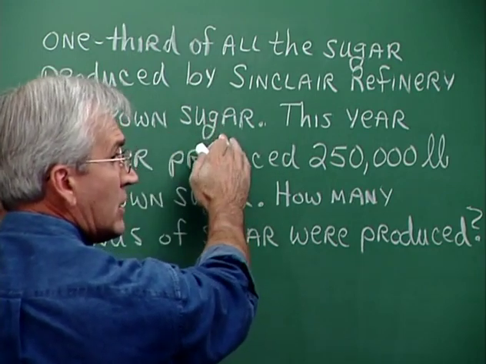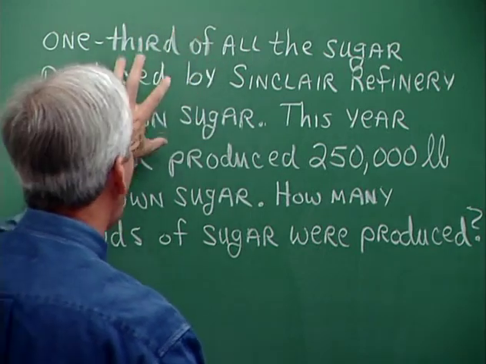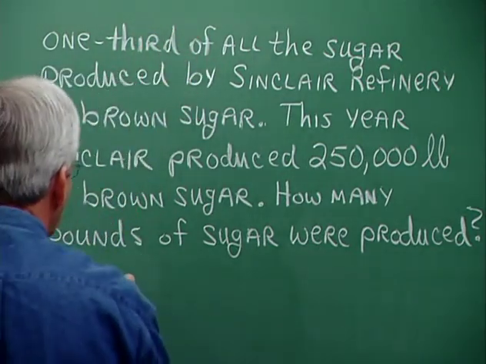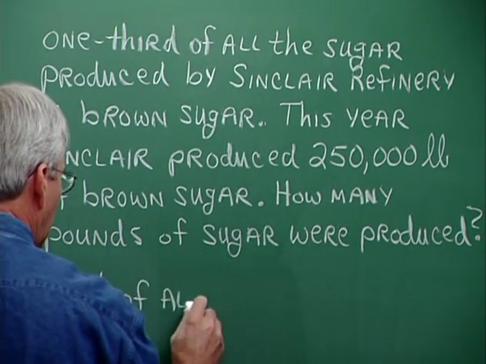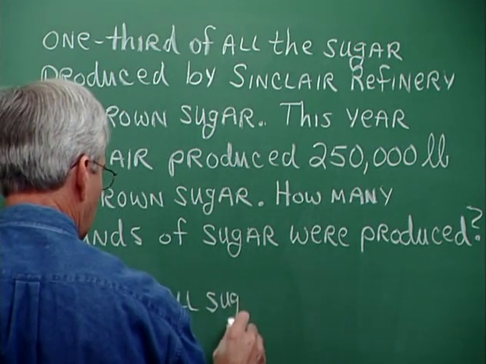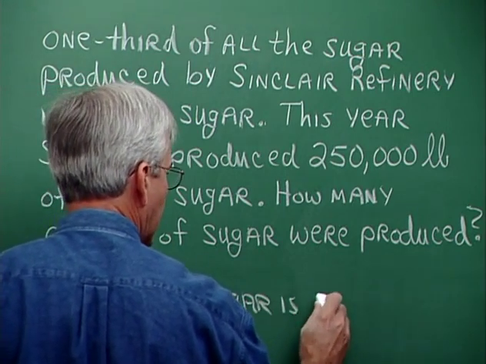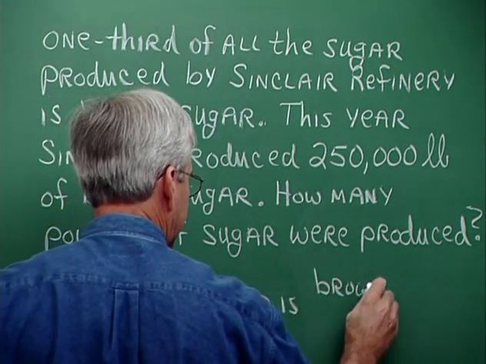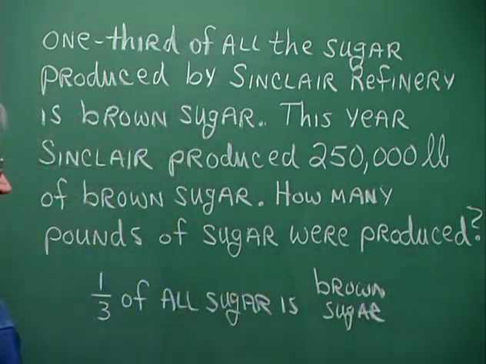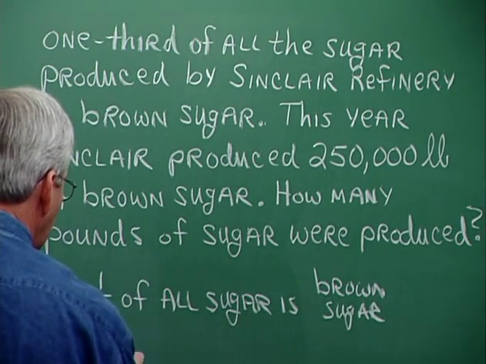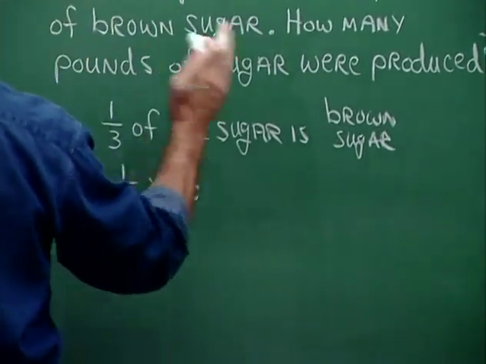So I'm interpreting this almost directly. But I could write a little sentence down here and say 1/3 of all sugar is brown sugar. And now interpret this mathematically. It's 1/3 times x is equal to the amount of brown sugar.